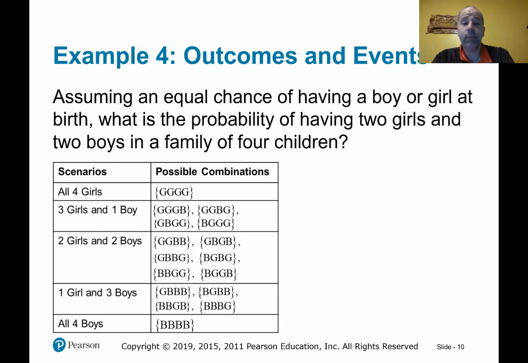Now let's look at a more complicated example. This one deals with 4 children, and we want to look at birth order. So in this case, we've got to write out the sample space. Now the key is being able to write out the sample space for something like this.